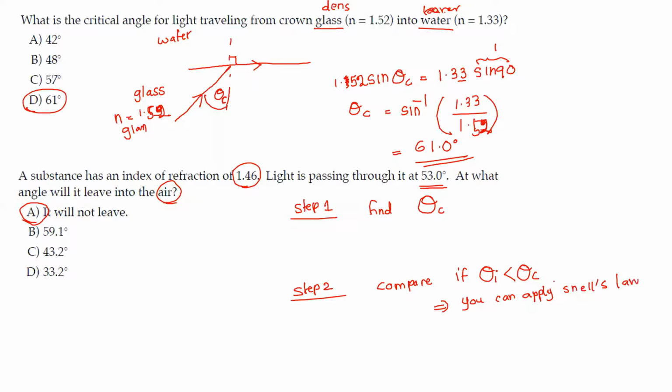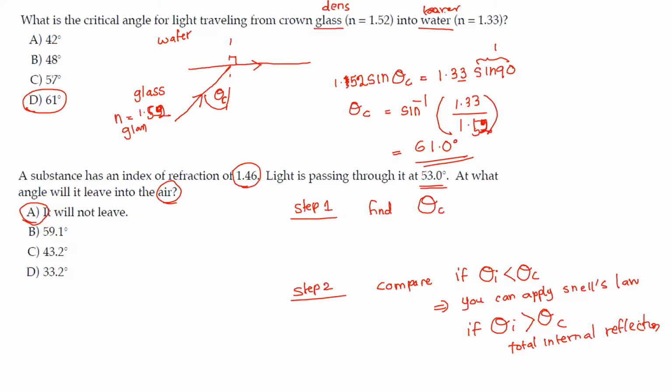That means refraction can happen. If your incident angle is higher than the critical angle, what will happen? Total internal reflection will happen. That means your ray will bounce back to the same medium. It will not go to air.